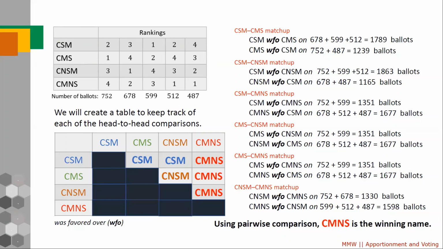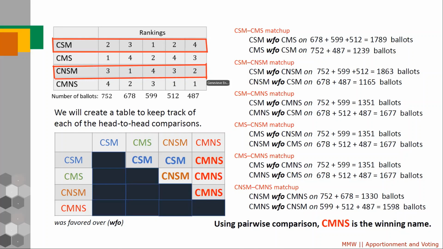Okay, so CSM or CNSM. Between 2 and 3, who wins? CSM, the 752. Between 1 and 3, CNSM wins. Between 1 and 4, who wins? CSM, so that is the 599.